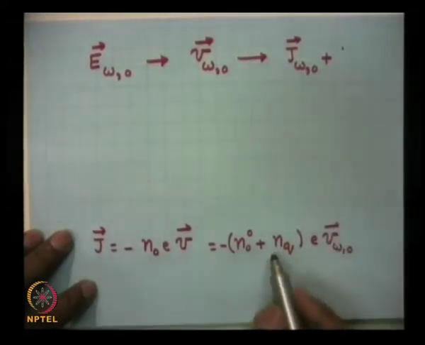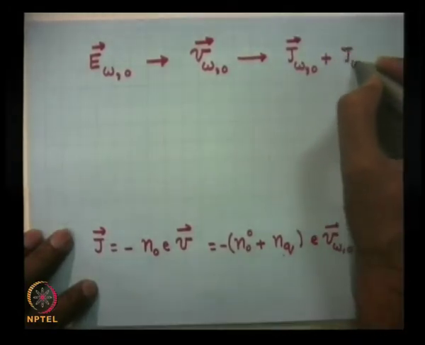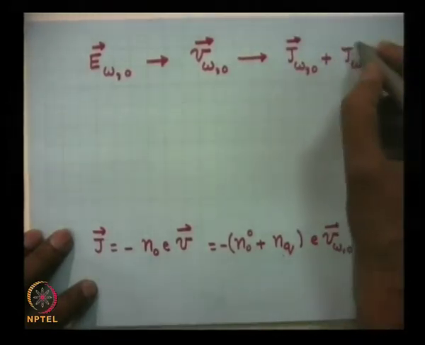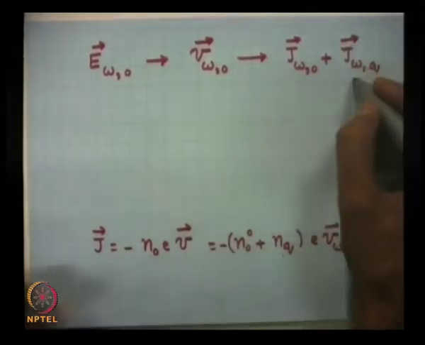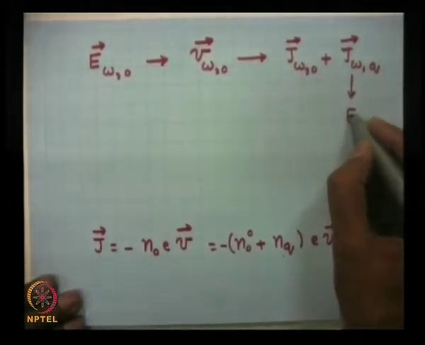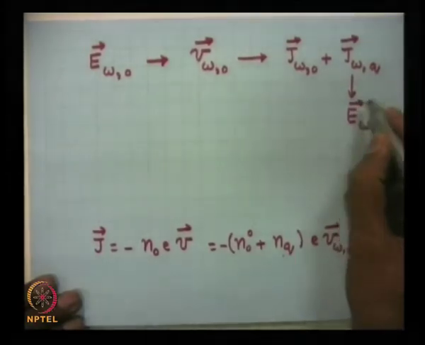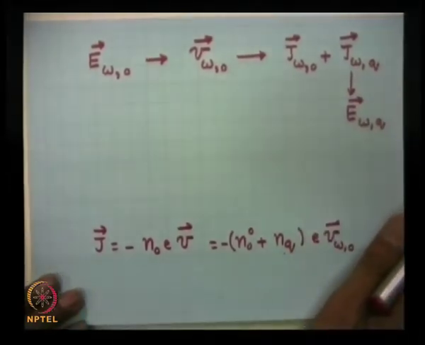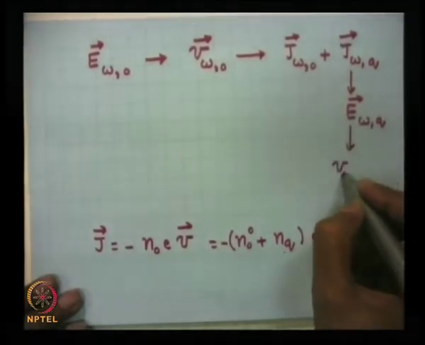So, whenever you multiply this NQ with this, you will produce a current at frequency omega and wave number q. This part of current will produce an electric field or potential at omega and q, and this will produce an oscillatory velocity of electrons at omega and q.